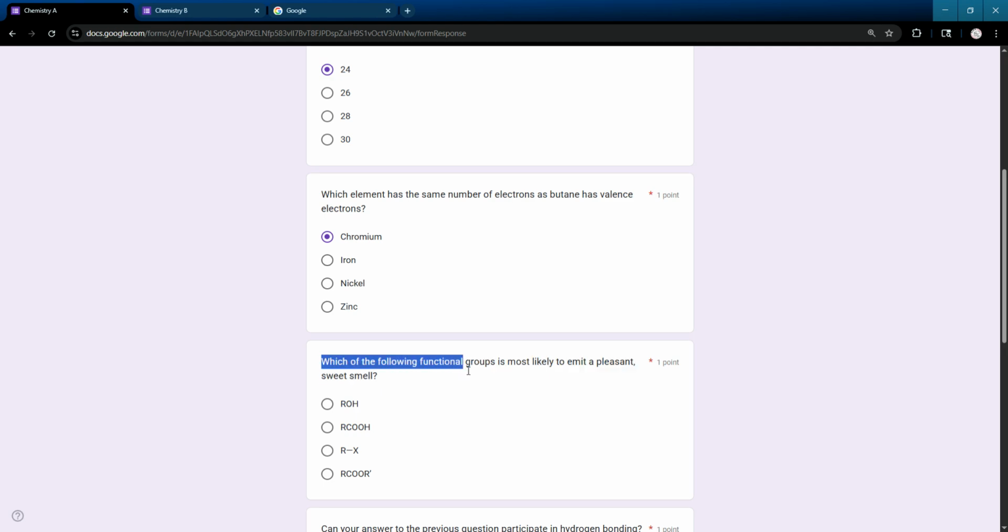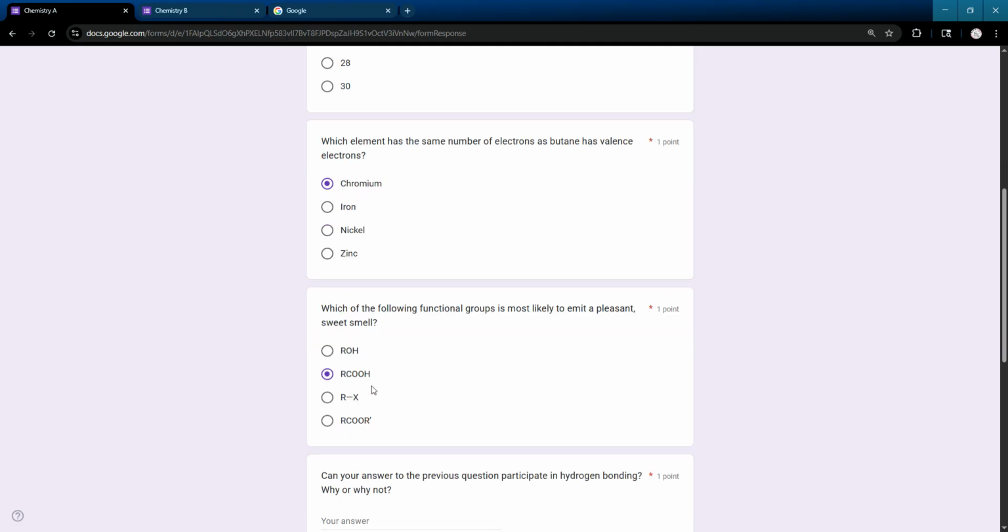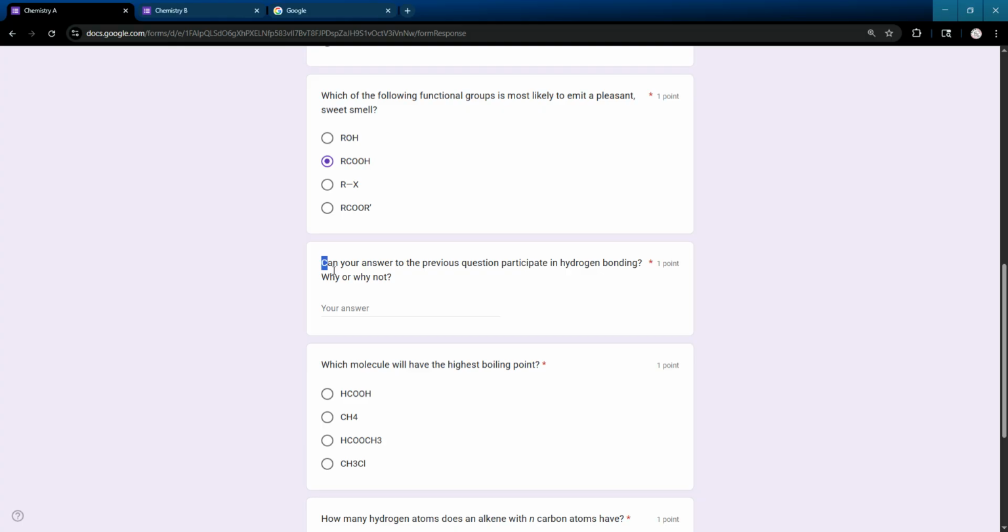Which of the following functional groups is most likely to emit a pleasant sweet smell? Interesting. To emit a pleasant sweet smell? I'm not sure what these are, but we'll do more research on them. Can you answer the previous question? Participate in hydrogen bonding?